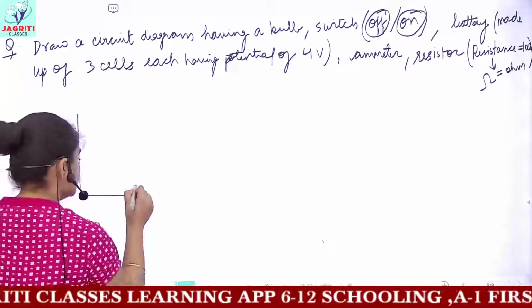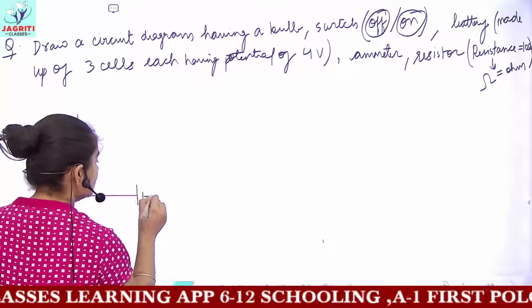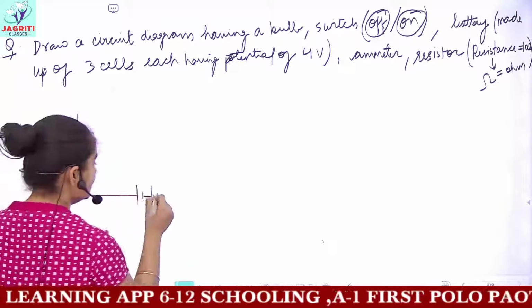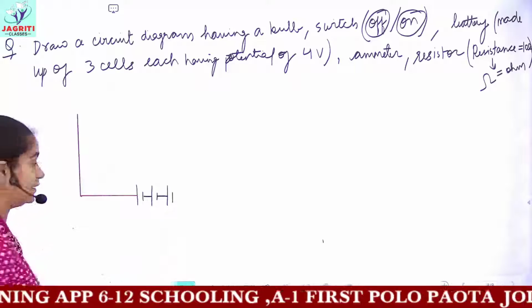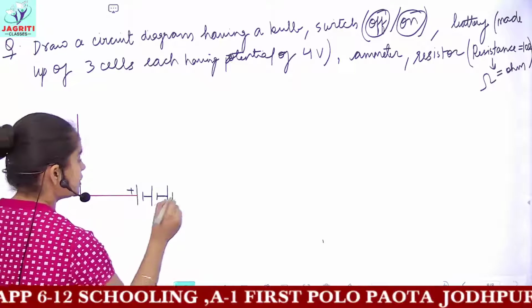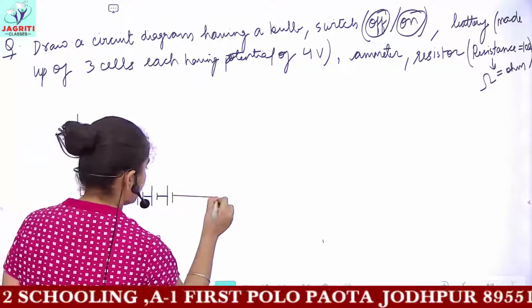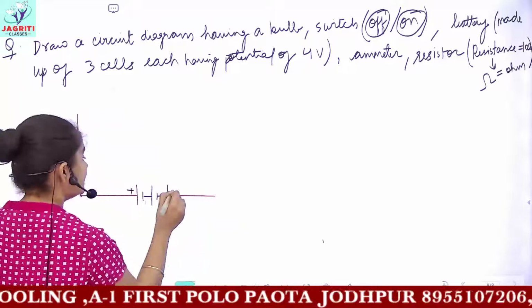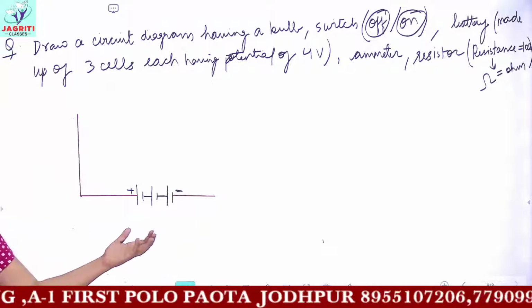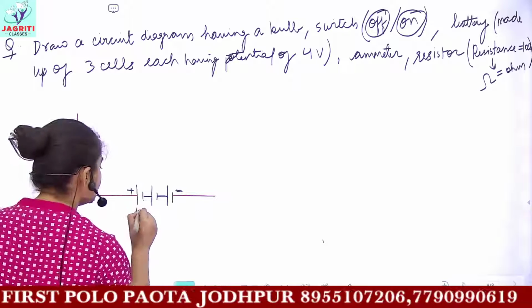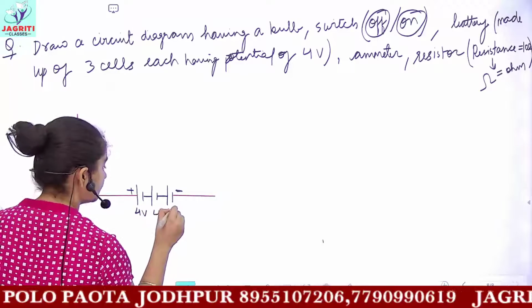That means this would be my first cell, then this would be my next cell, and this would be my third cell. This shows a positive terminal, and this represents the negative terminal of the battery, and every cell is made up of 4 volts here.